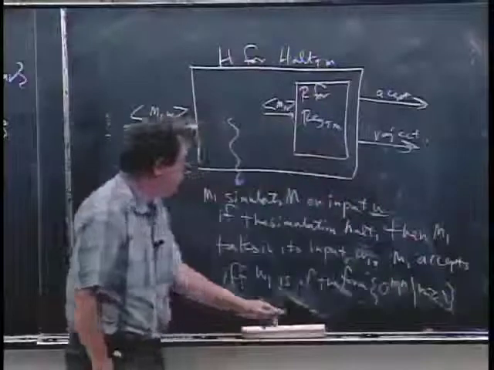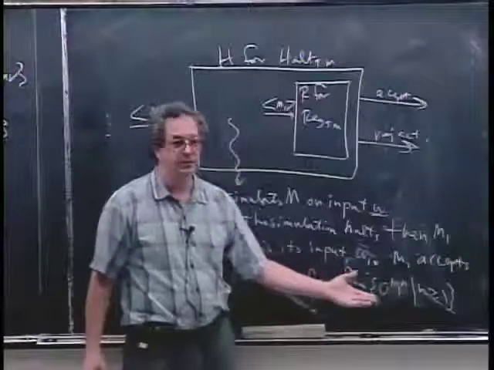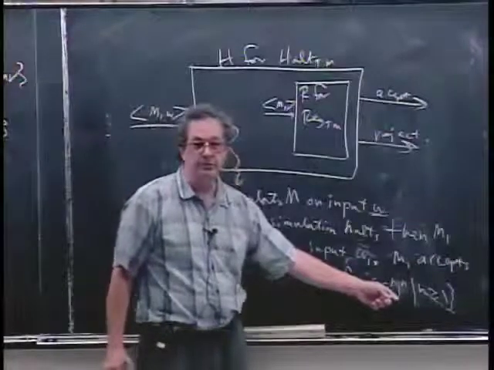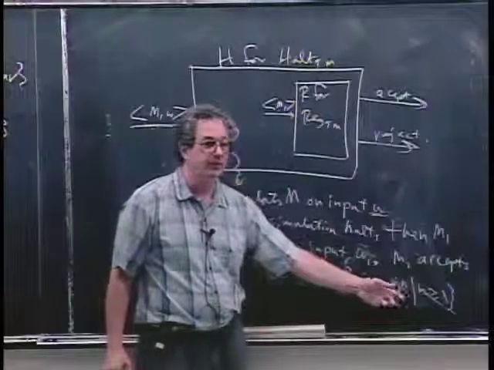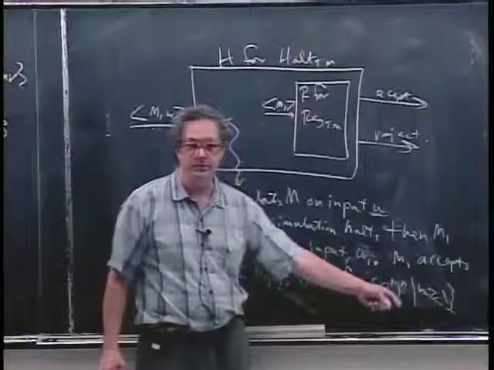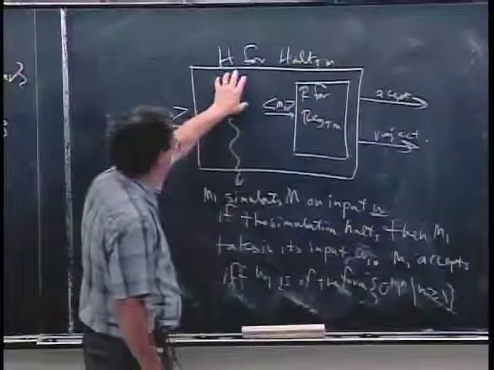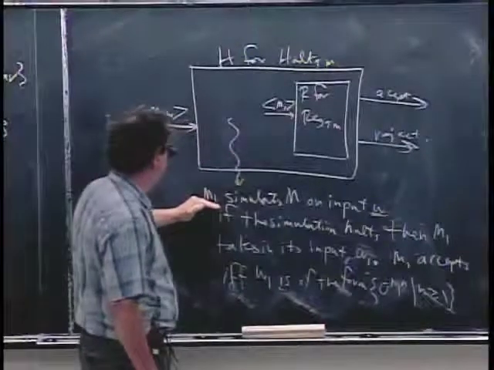Now, this is not a regular language, but a Turing machine can definitely look at a string and find out whether it's an equal number of zeros followed by an equal number of ones. Even a PDA can do that. So this is a rather trivial thing for a Turing machine. So definitely H can create this Turing machine M1, which does the following thing.